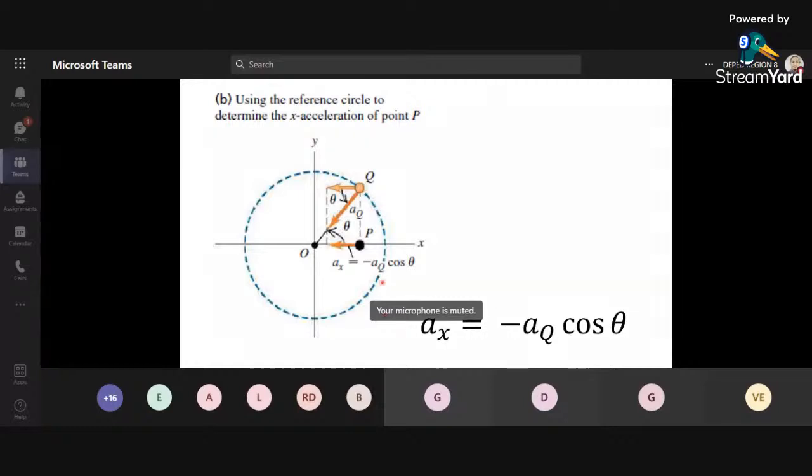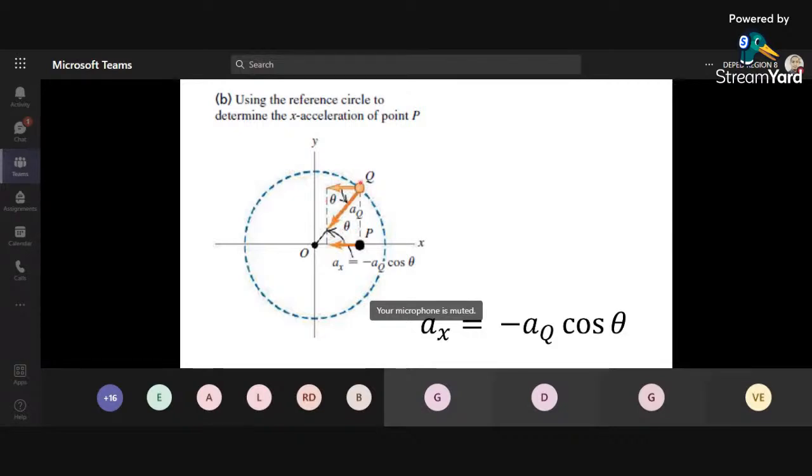In this slide, we are getting the speed of the shadow, which is P. So the equation that you are seeing on the slide shows the equation for the x component of AQ, or this point P. So the acceleration in the x-axis of this point is equal to the acceleration of Q multiplied by cosine theta.